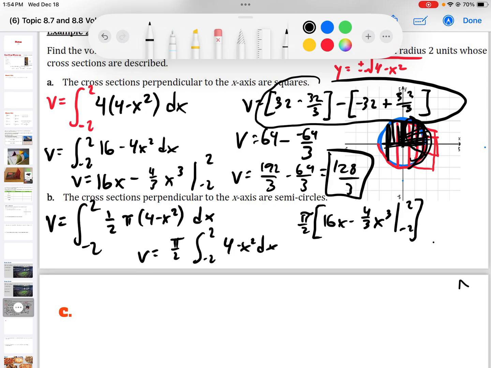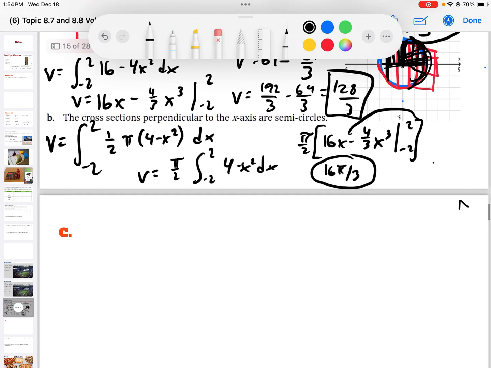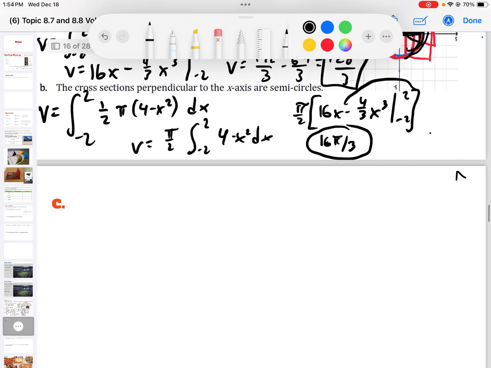If I went through and multiplied that all together, I would get 16 pi over 3 if I reduce it, but we're just not going to do that. You would plug in 2.